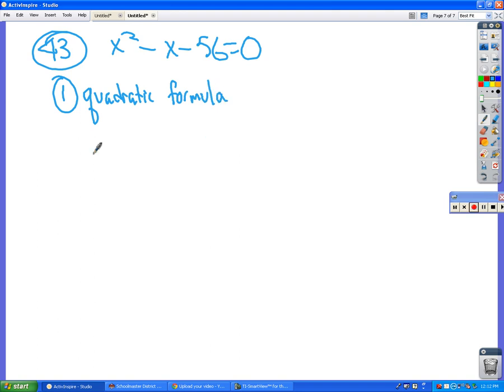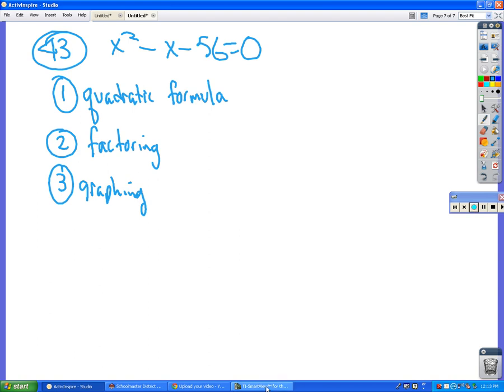What's another way that you can solve it? Factoring. And then what's the other way that we really haven't used? Graphing. Which one do you want to do? Okay, all right, let's go graphing.